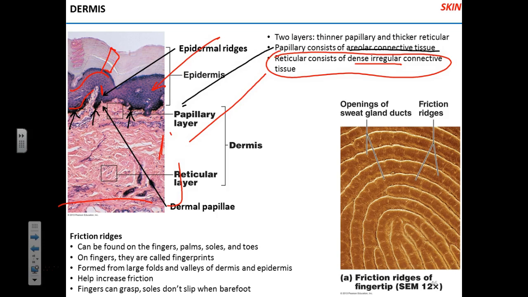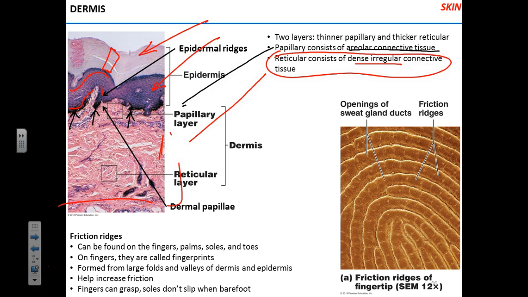It can be stratum spinosum at this layer, it can be stratum granulosum. It's really hard to say. Does that make sense? But if I point at this one, there's no second choice. Okay? So I'm just giving you an idea what the question may look like. Am I clear? Any questions on the layers of dermis, reticular and papillary?